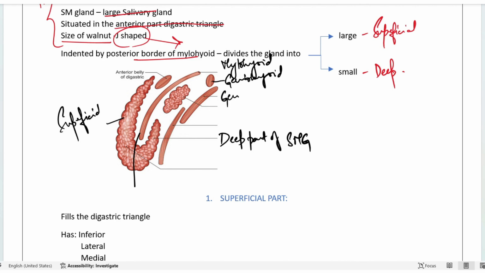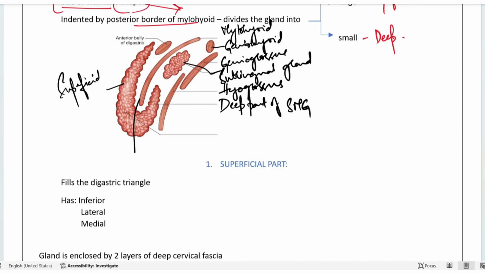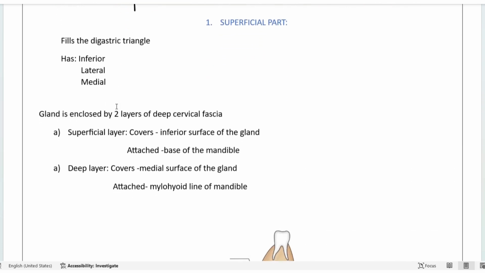This is the genioglossus. This is the sublingual gland. This is hyoglossus. This one diagram will fetch you directly 1 to 2 marks.